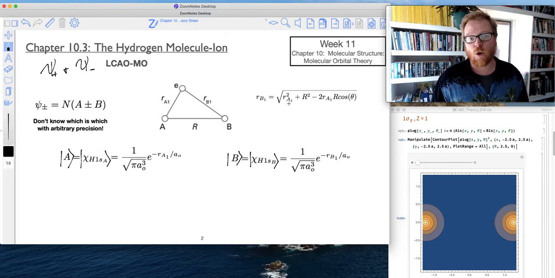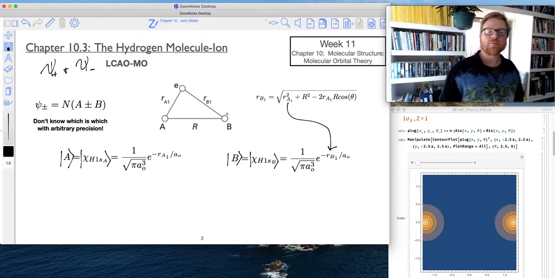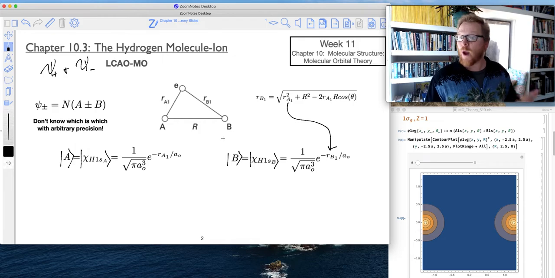So of course we would plug this equation into right here, and we could just leave this as RA1. And when we put this whole thing together, we will have our wave function in terms of just one of these radii. That's all we would need to specify, and of course, the internuclear distance.